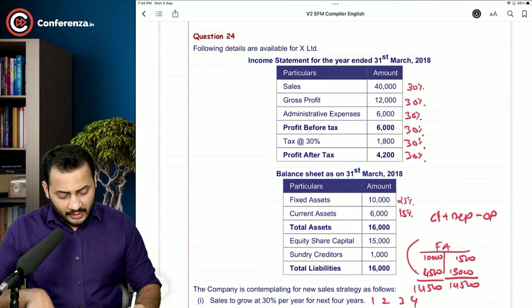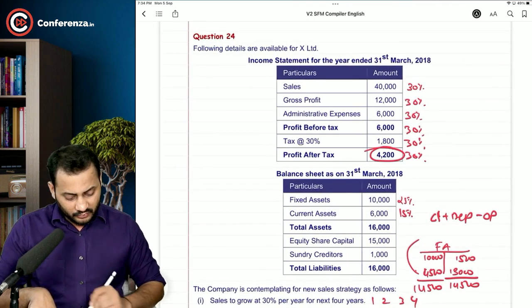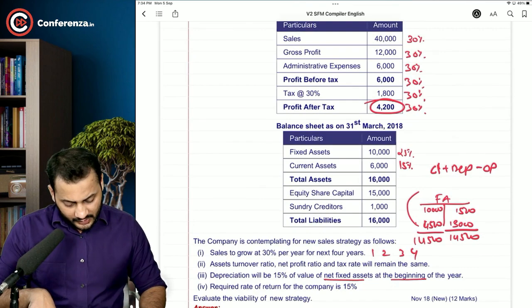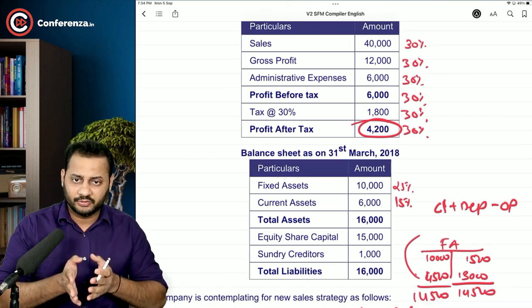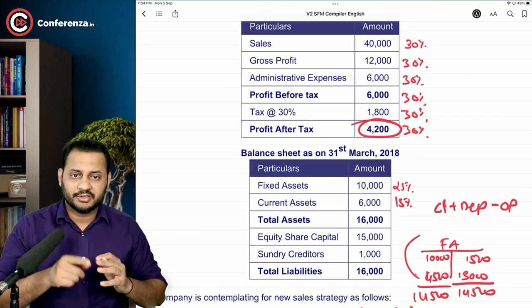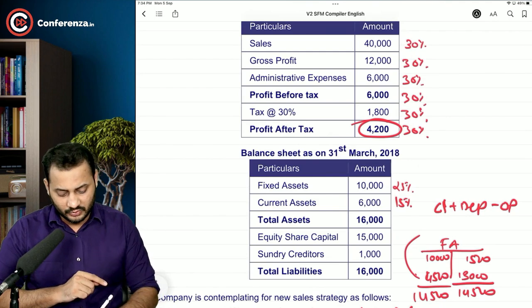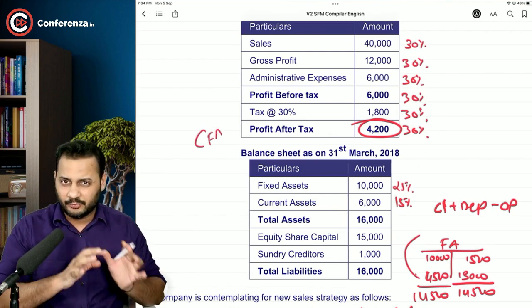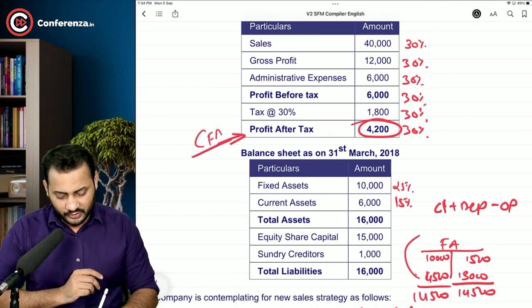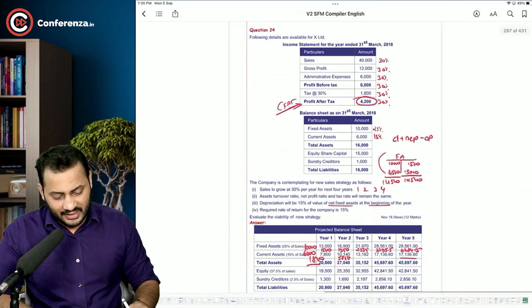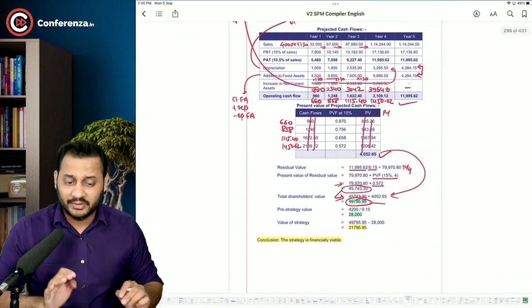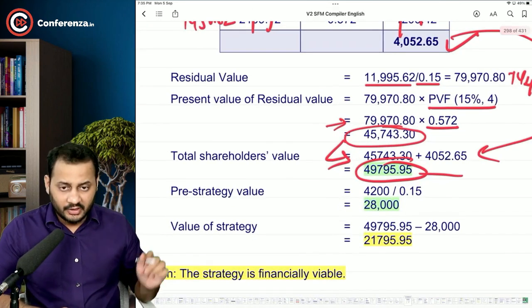If the growth won't happen, this is going to be 4200, and we don't have the depreciation, capital expenditure and the working capital. So by default, we are going to assume this as a cash flow after tax of 4200, and we can just capitalize that to calculate the existing value of the company.